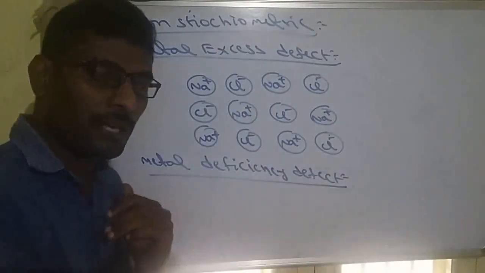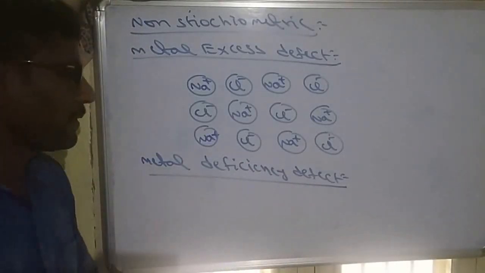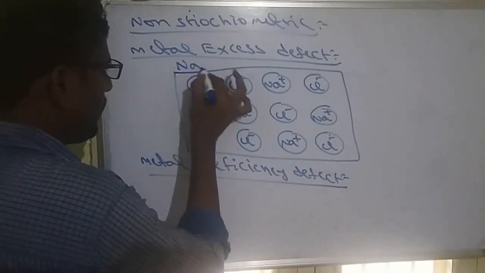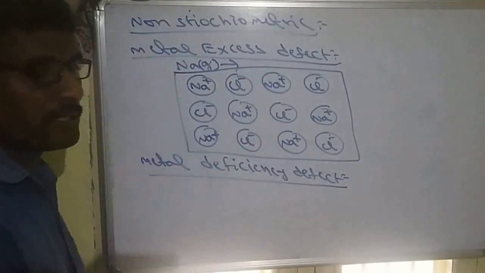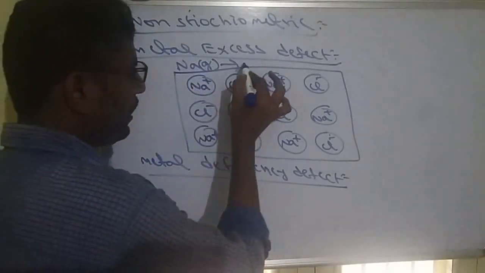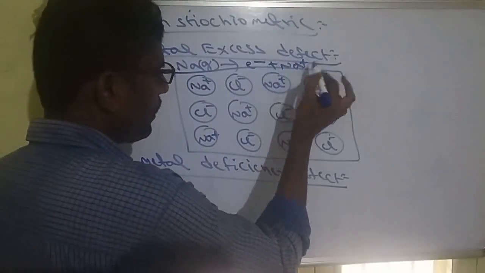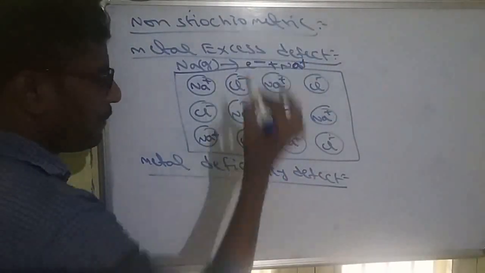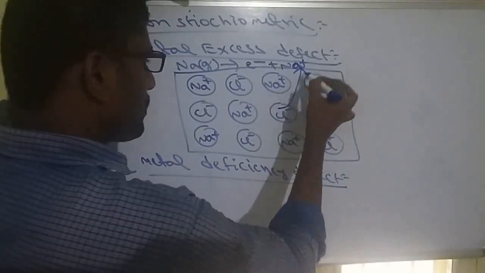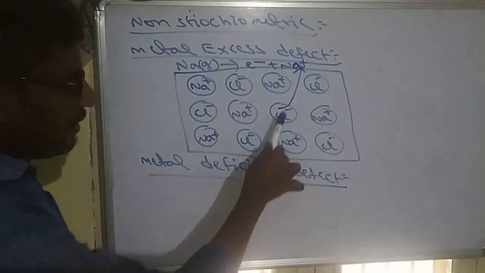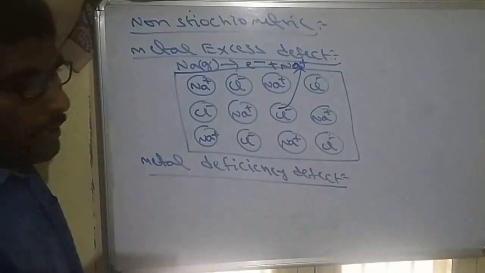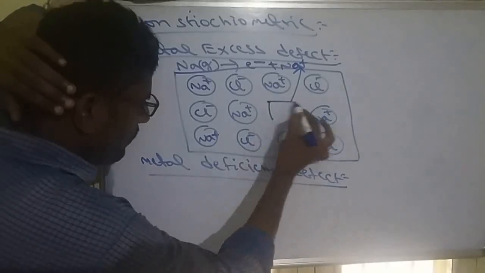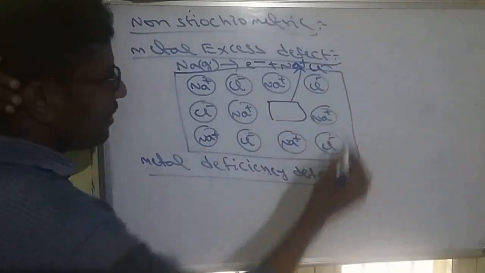If non-metal is being lost, that also becomes a metal excess defect. Suppose this NaCl solid is placed in a chamber of sodium gas. Sodium gas on heating loses an electron, producing Na plus ions. This Na plus will attract Cl minus to the surface, so Cl minus ions will move to the surface to combine with the Na plus ion. So here a Cl minus vacancy is there, as the ion goes to the surface of the crystal.